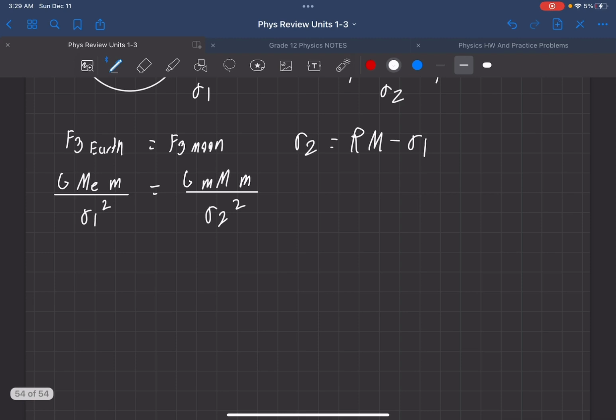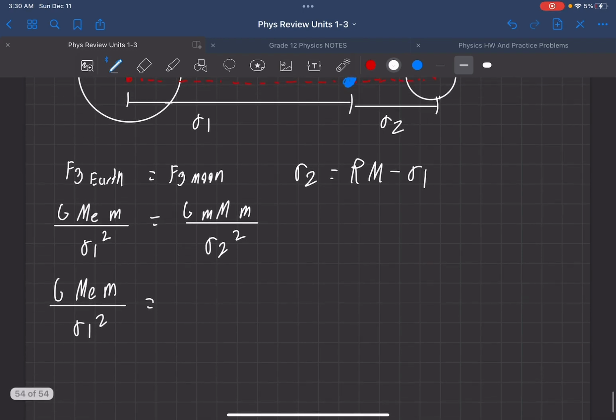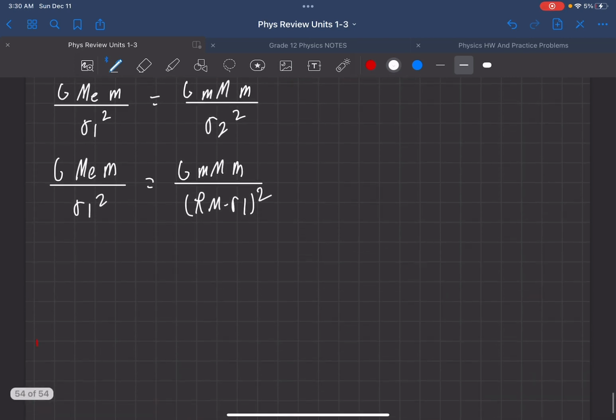So we can say G, mass of the Earth times the mass of the object, all over R1 squared, is equal to G, mass of the Moon times the mass, all over R_M minus R1 squared. Okay, so now we can just cross multiply. So G, mass of the Earth times mass of the object times R_M minus R1 squared is equal to G times mass of the Moon times the mass times R1 squared.